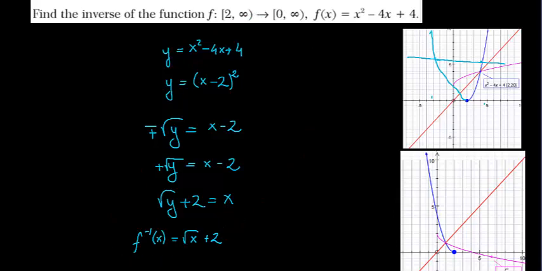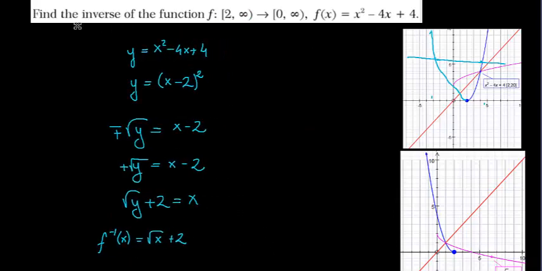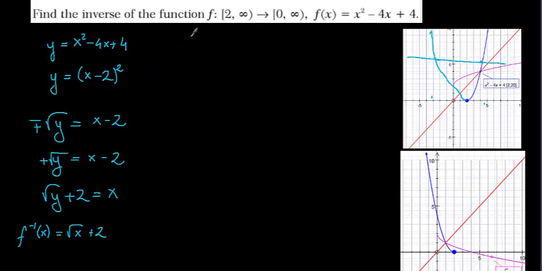I want to show it for the other interval also. This is going to be another example for this page. Let's say our function is from not 2 to infinity, but from minus infinity till 2, which means this one. And 2 can be included here, it's no problem.